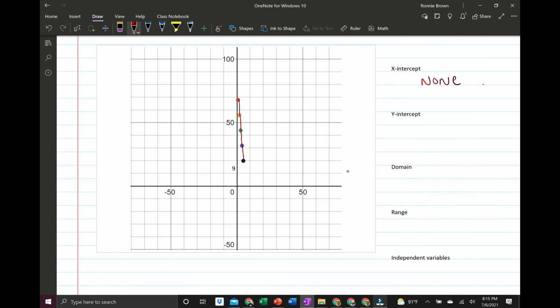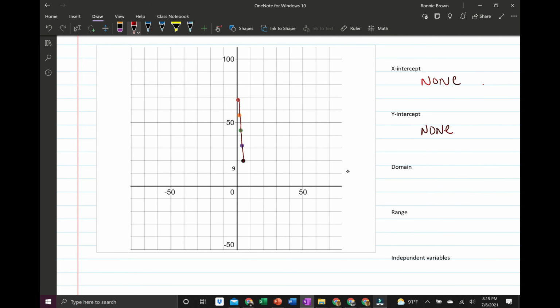If we were to zoom in really closely, and if you were to do that on Desmos, you would see that this ordered pair is (1, 68). 1 is the x, so it'll be here at the 1 tick mark. It's not quite on the axis as it may seem right here. So we have no y-intercept. It's not touching or crossing the y-axis at all either.